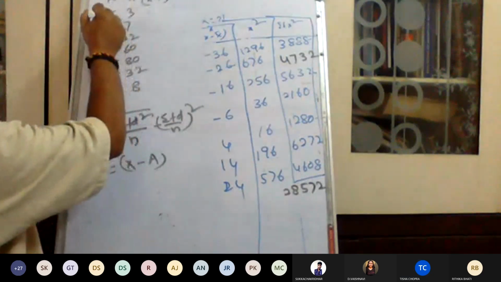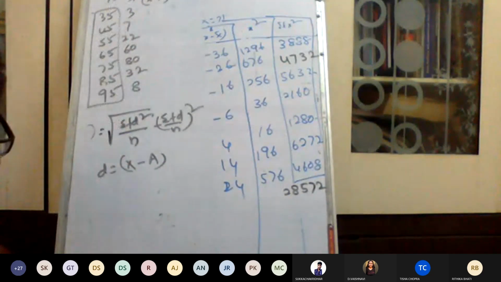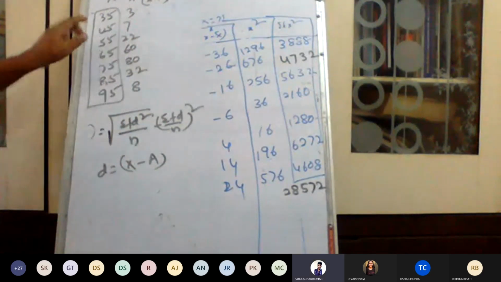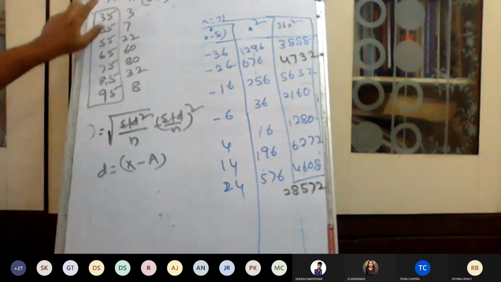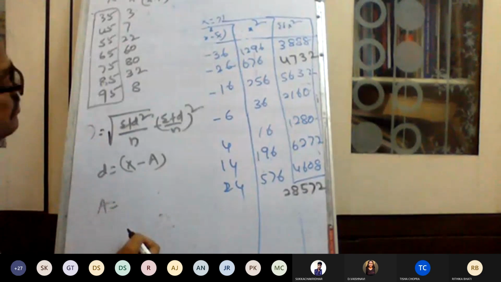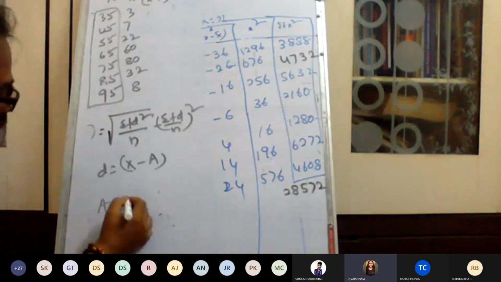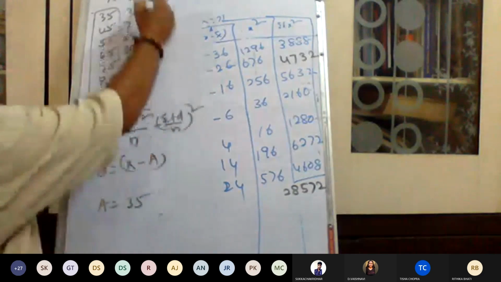You take any one from here, not f. Okay, I will do this one also. Is it visible? Yes, sir. What value will we take for a? 35 is better, right? It is simpler, but as you wish; you can take 35 or 95, it doesn't matter.